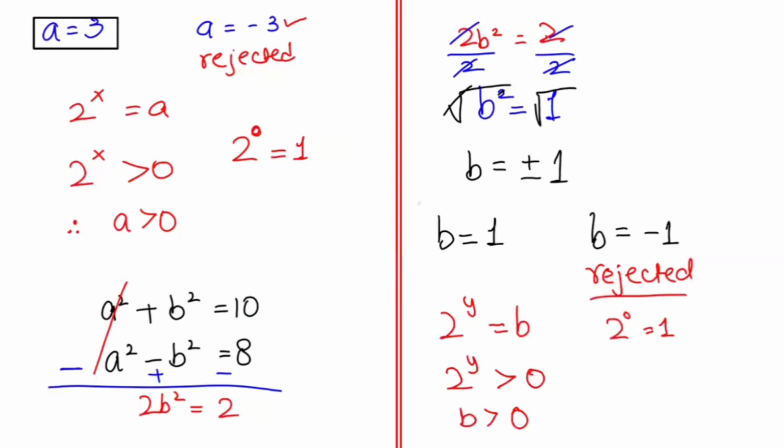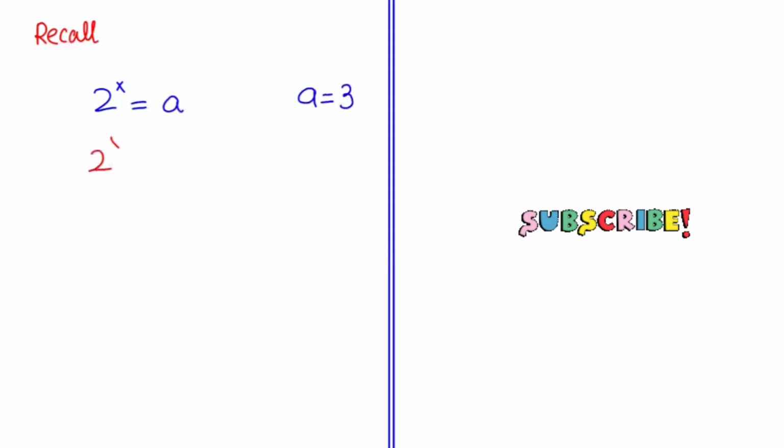And the b value we have, now I'm going to recall 2 to the power of x equals a, and the a value we have is 3. Now we're going to plug in the a value, that is 3, and here I'm going to take log on both sides.